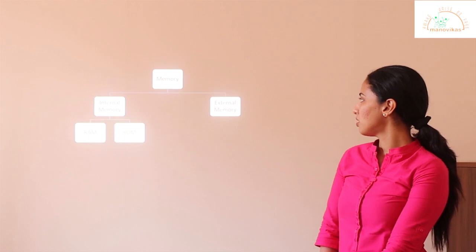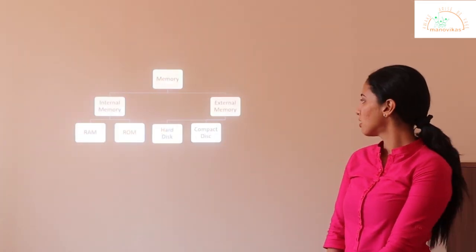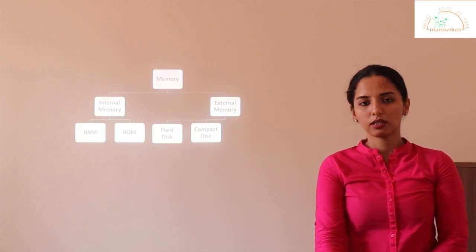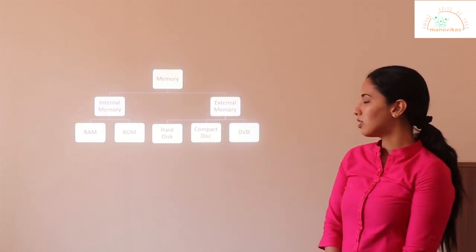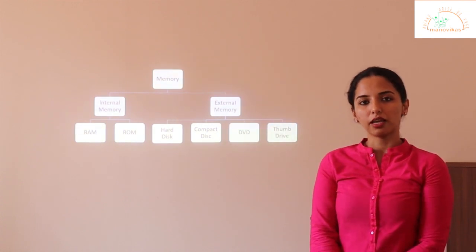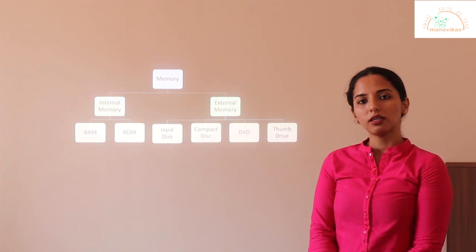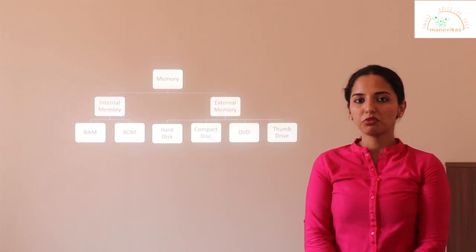The external memory consists of a hard disk, a compact disk, DVD, digital versatile disk, and a thumb drive. Now let us look at all these computer memories.